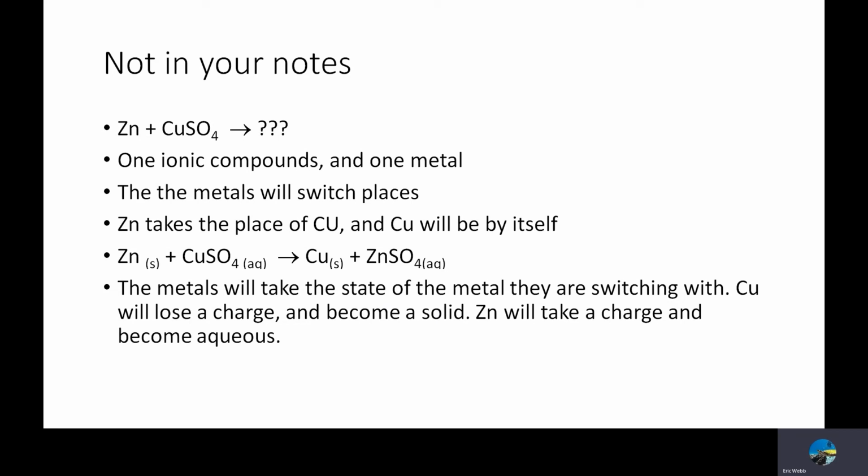So it's taking back a couple of electrons from the zinc. When this happens, the copper will become a solid. Zinc is going to then take on an electric charge. It's given those electrons to the copper. And then the zinc will be dissolved in water instead of the copper. Last step is to balance. However, this looks like it's already a balanced reaction.